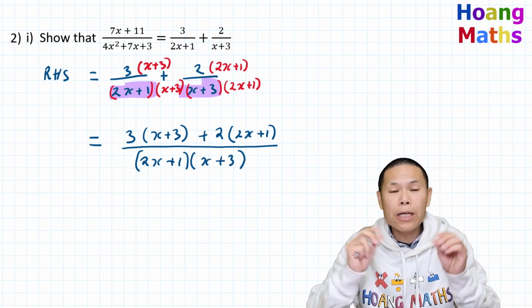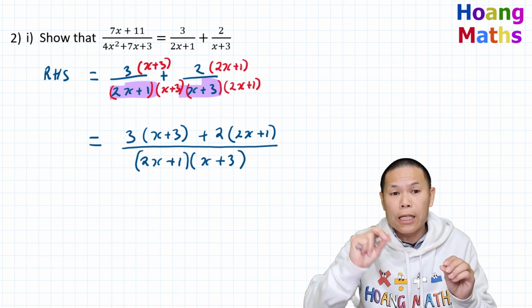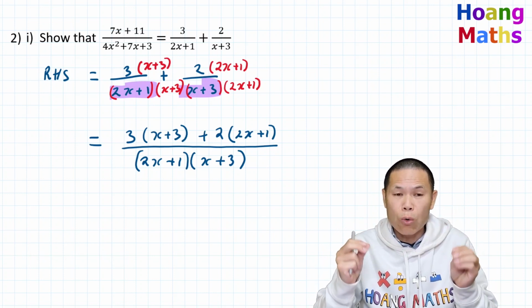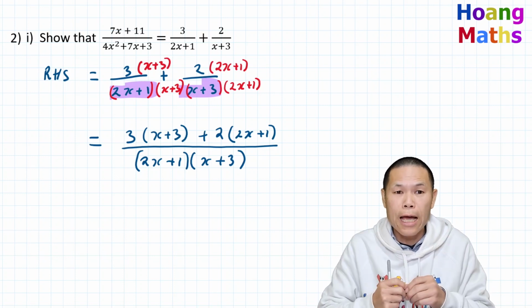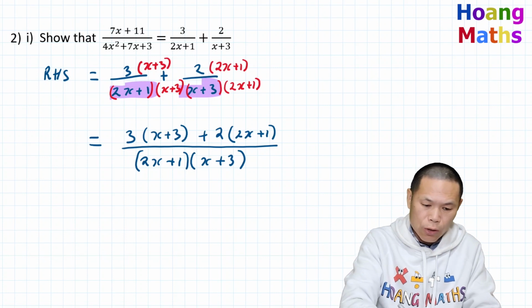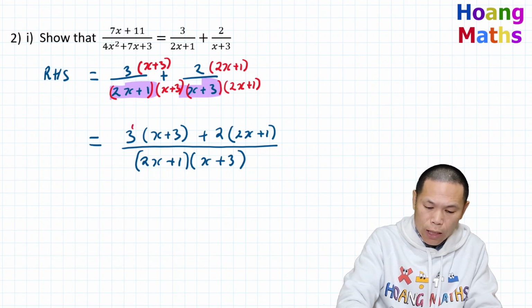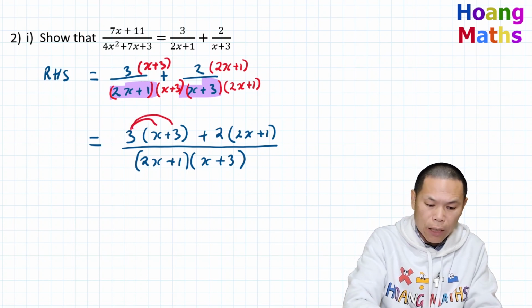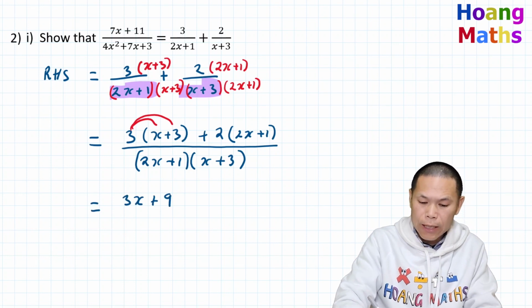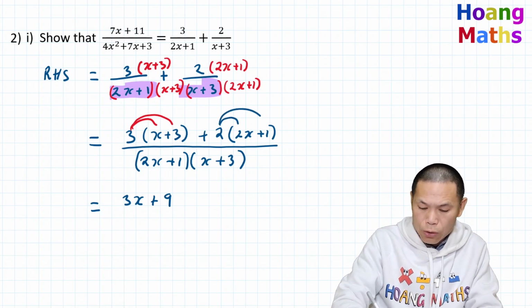So what I do now is, on the numerator, I just expand the brackets, and the denominator, I expand the brackets as well. And after that, I need to collect the like terms. So now I just expand this, so that gives me 3x plus 9, and then this one, 4x plus 2.